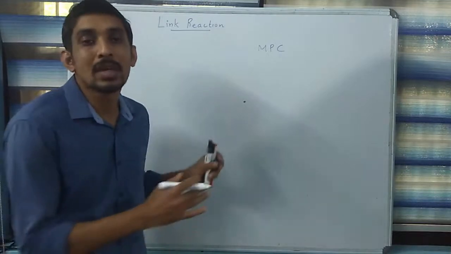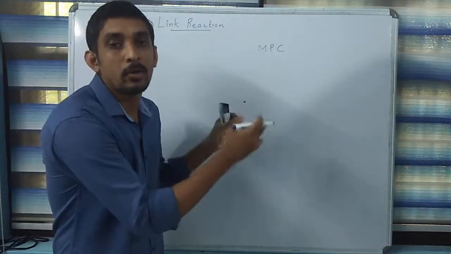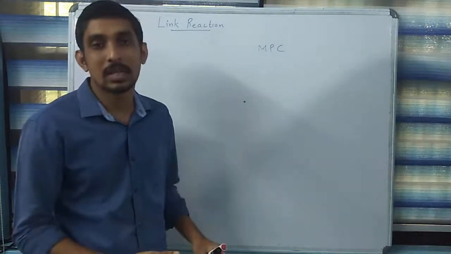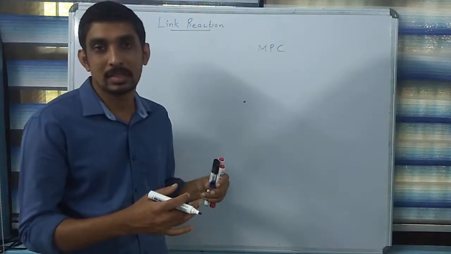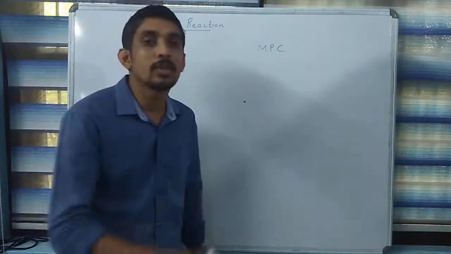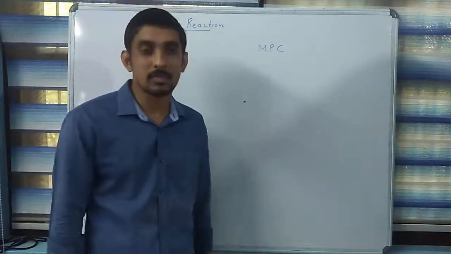So with the help of this mitochondrial pyruvate carrier, the pyruvic acid produced within the cytoplasm moves into the mitochondrial matrix.